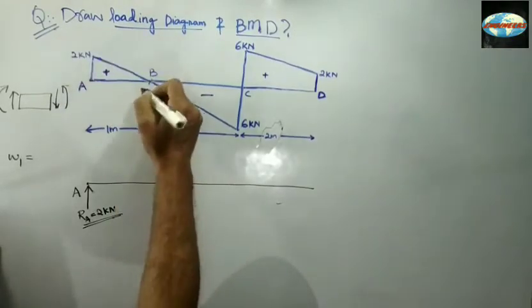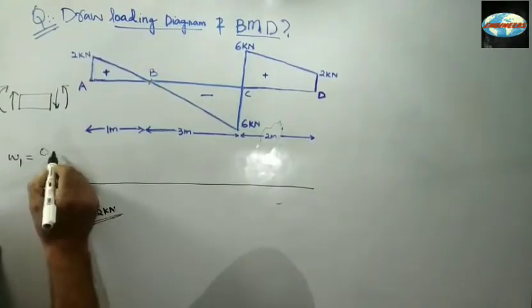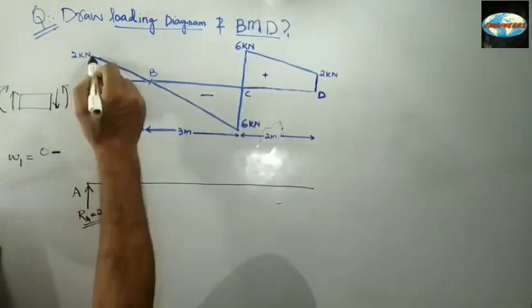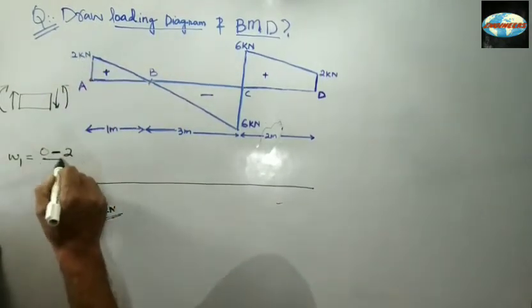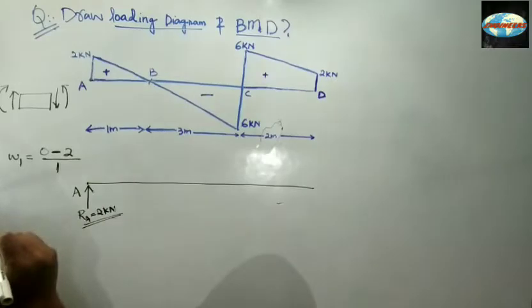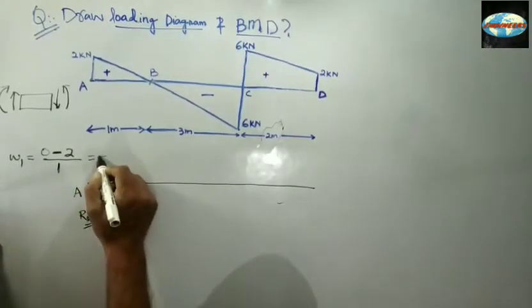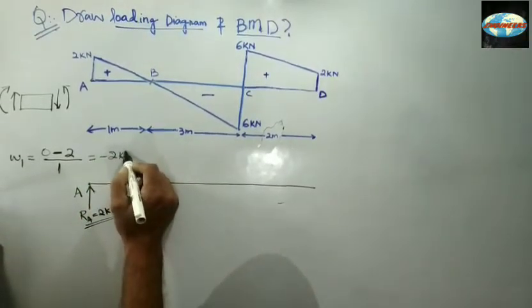What is the final value? That's 0. The initial value is 2. And the length is 1. So I will get minus 2 kilonewton.